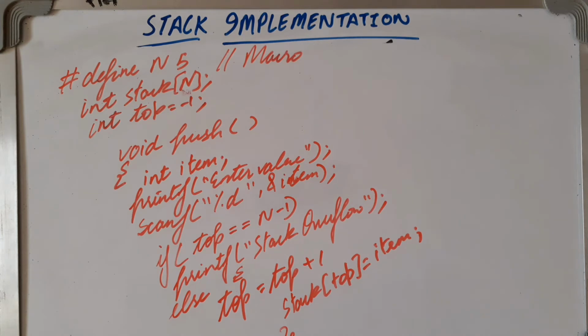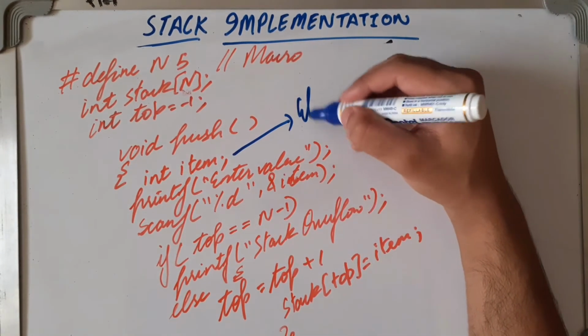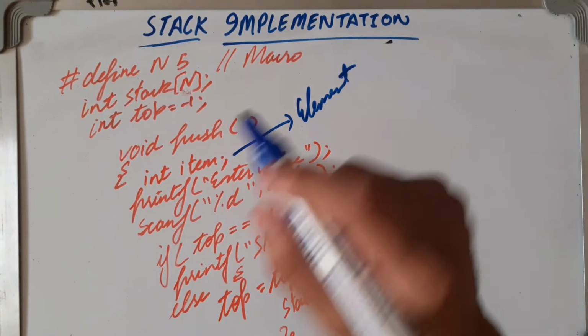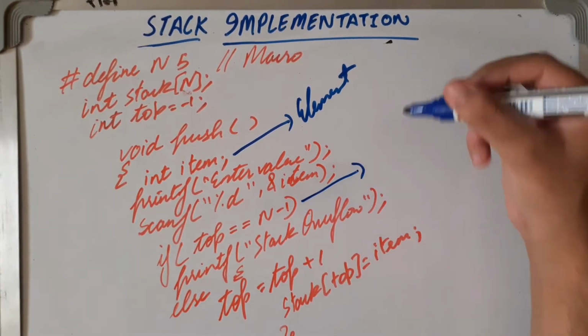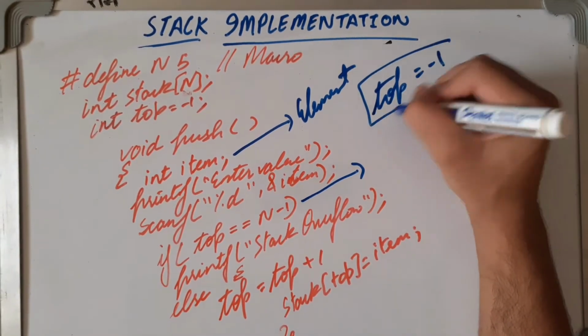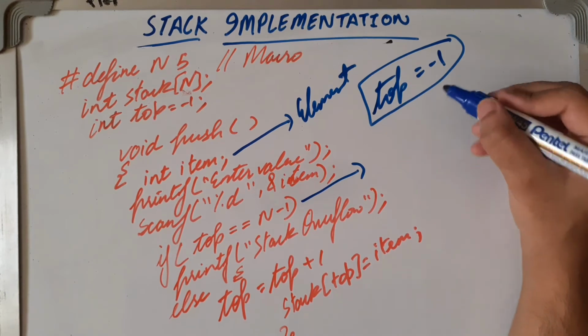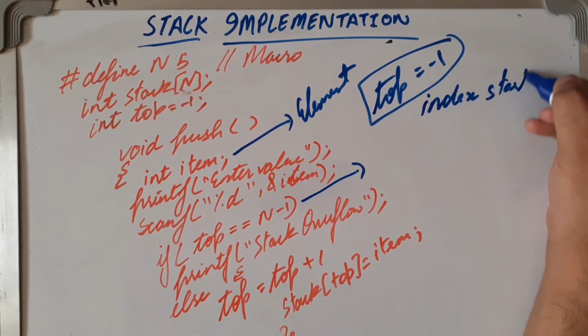Let us check line by line also. First we have taken the element which we have to push. Then we are printing and scanning that element. We are checking top equals to n minus 1 because the top value is starting from minus 1. As you all know, array index starts from 0.